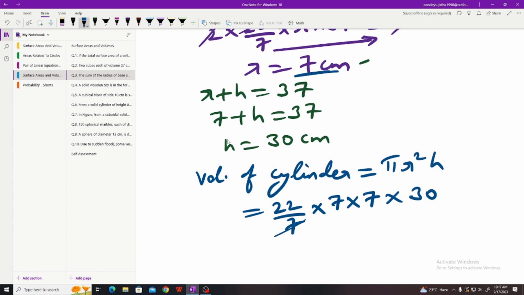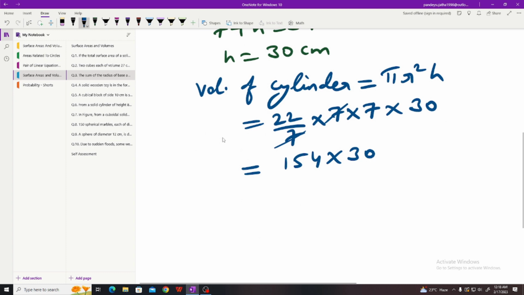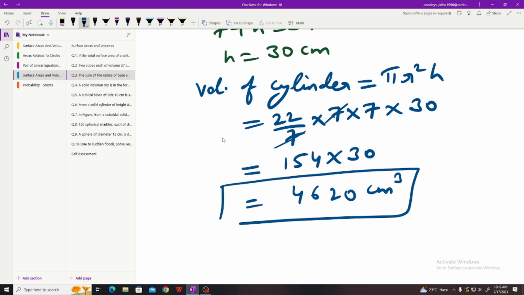So cancel it. So we get 154 into 30. Multiply and write the answer. So it is 4620 centimeter cube. So this is the volume of the cylinder.